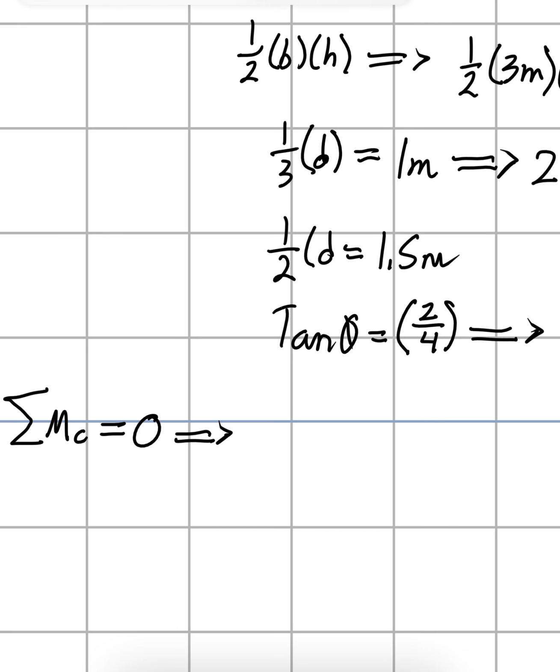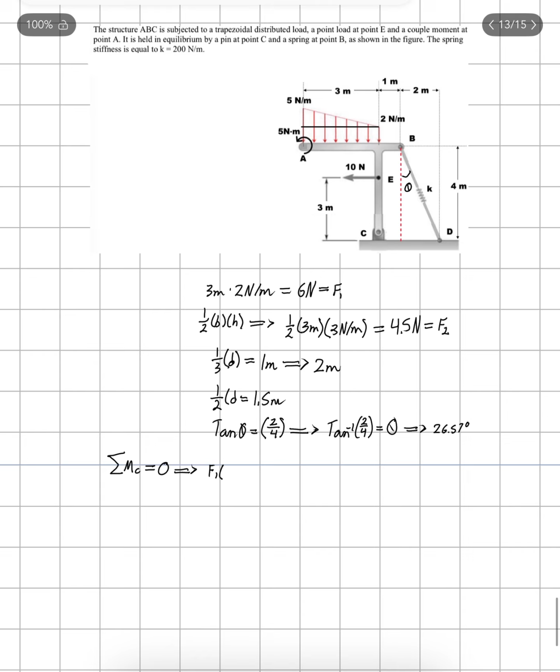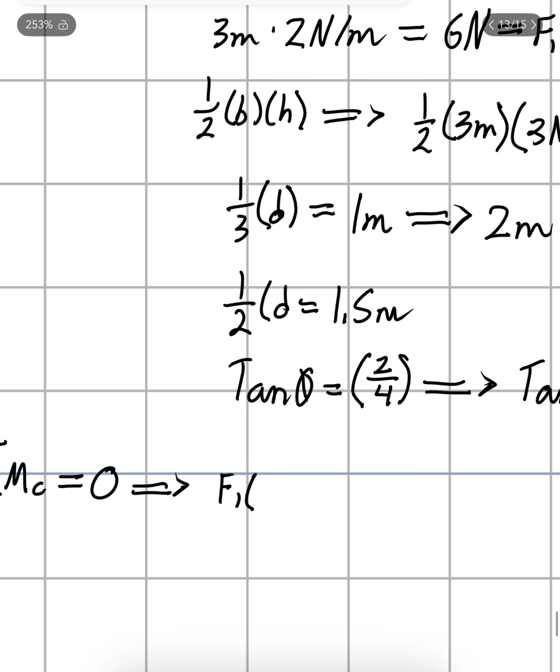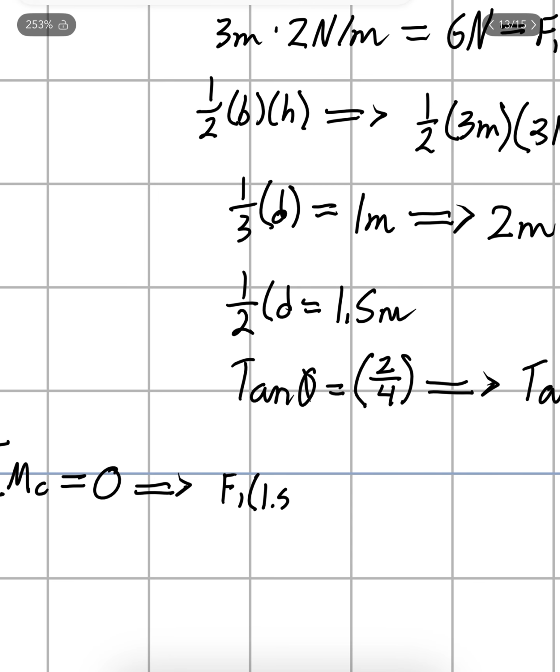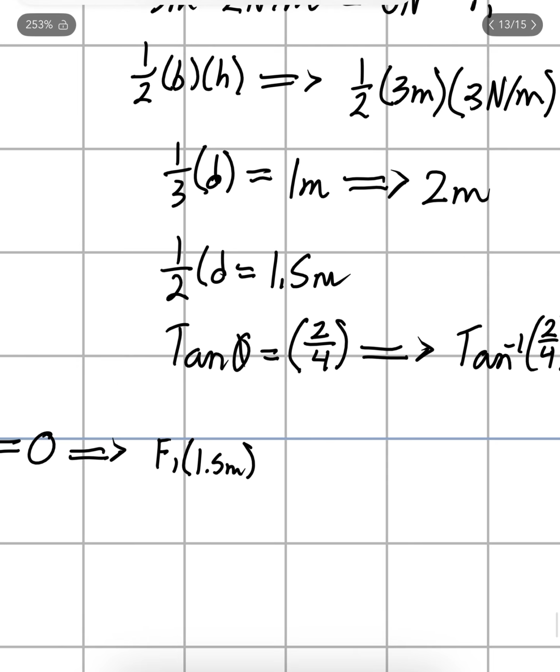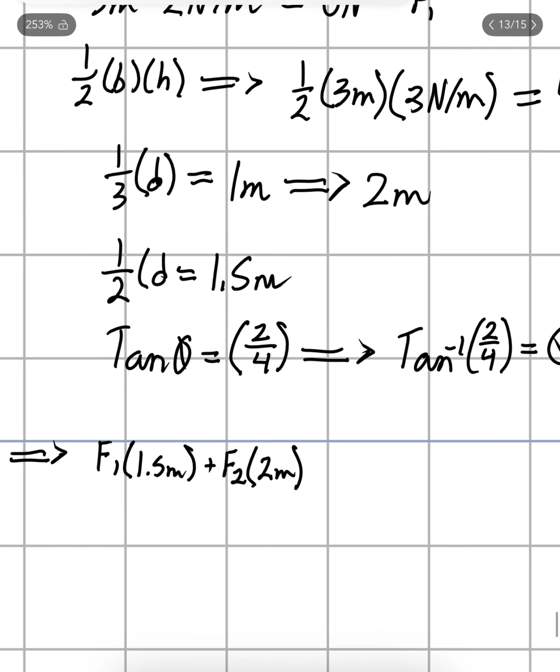Next, we can say F1, which is 6 newtons, is 1.5 meters away in the x direction from C, plus F2, which is 2 meters away from point C in the x direction.